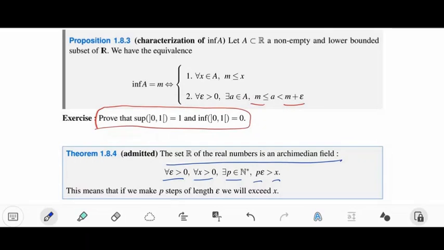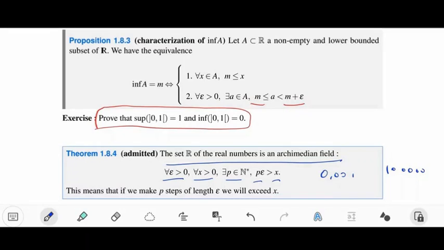It means that if you take epsilon very small, even if it's 0.001, let's say, and x very big, 100,000, you are able to add 0.001 as many times as you want, in a way that at some point you will be able to bypass 100,000.